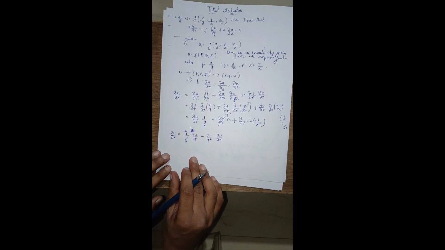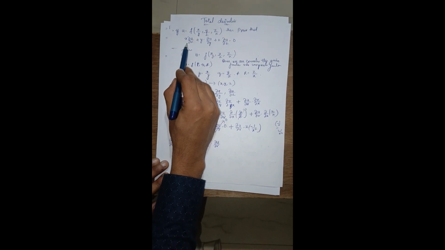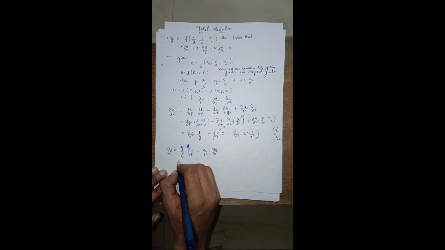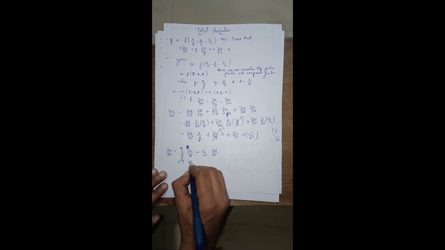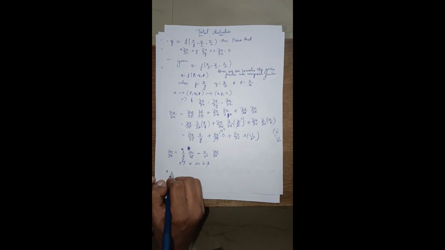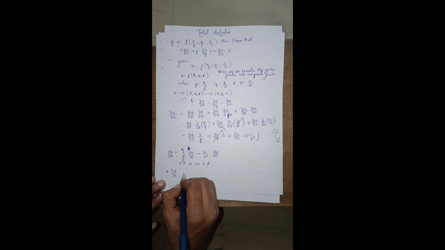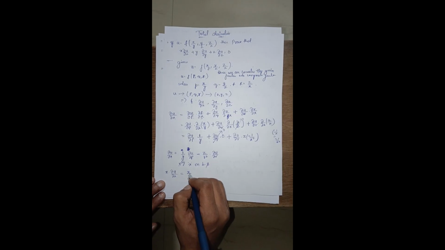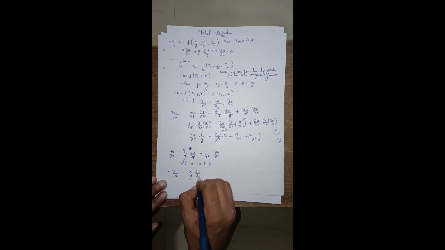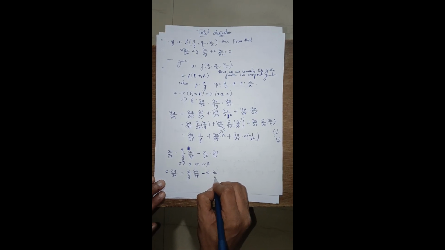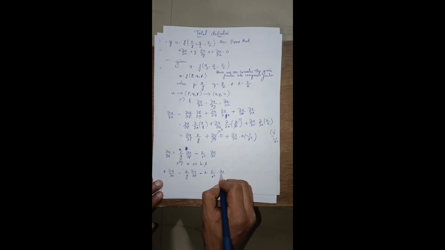Now what I will do, in the question we have x into ∂u/∂x. We have here ∂u/∂x, I will multiply x on both sides. Then it becomes x into ∂u/∂x, which is equal to x by y, because I am multiplying here also, ∂u/∂p minus x into z by x square into ∂u/∂r.